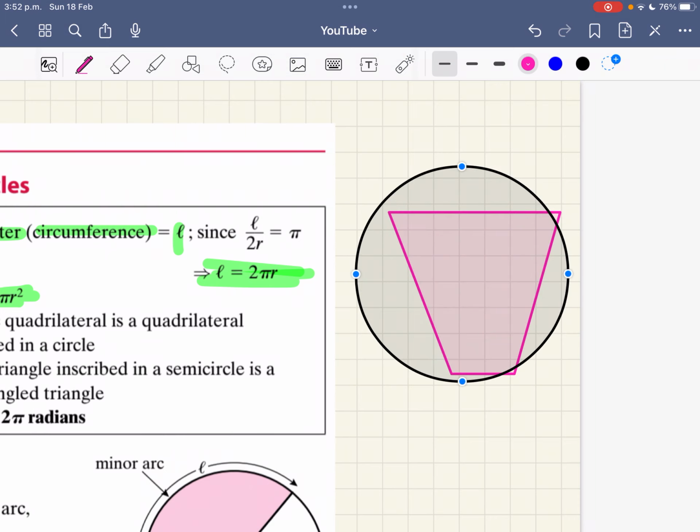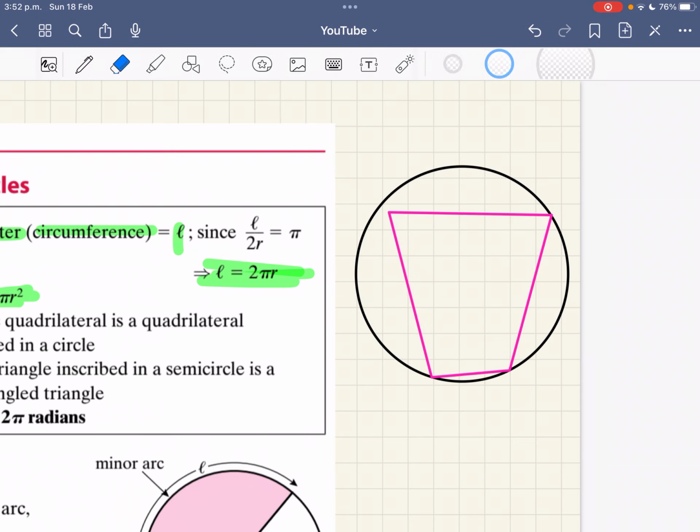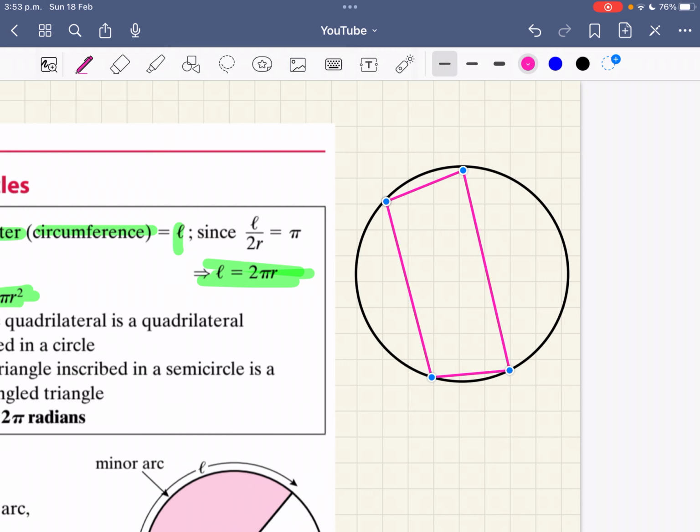I'm going to move this one there, so now they all touch. That is a cyclic quadrilateral. It's in your circle and it touches in four places. Another cyclic quadrilateral could be that one or this one. It's a four-sided shape in a circle.